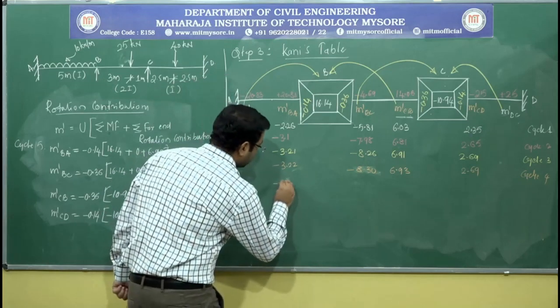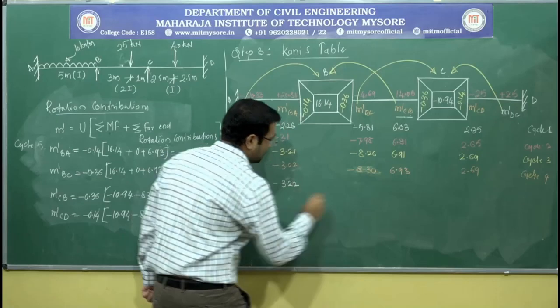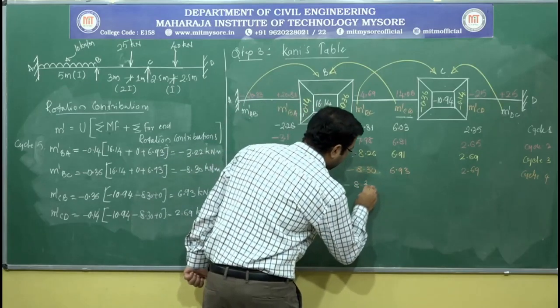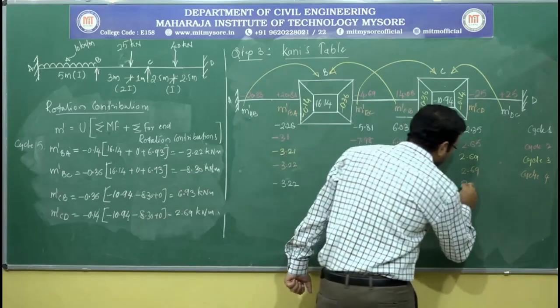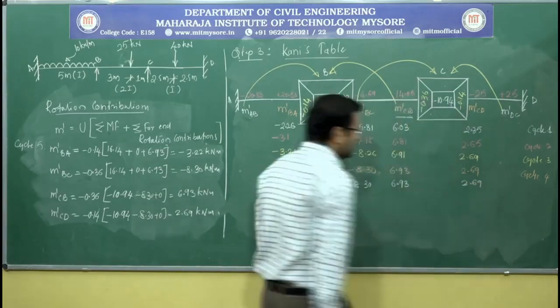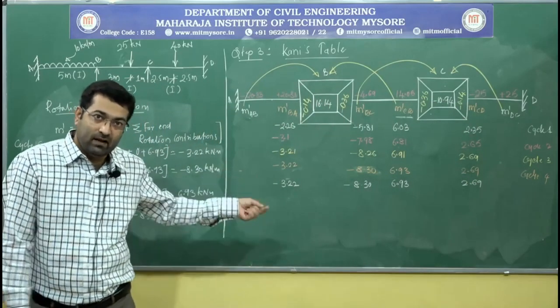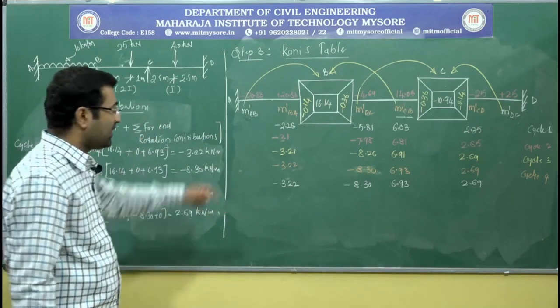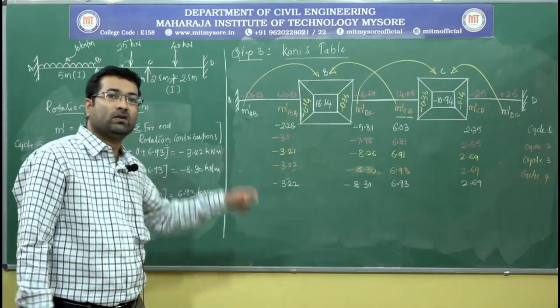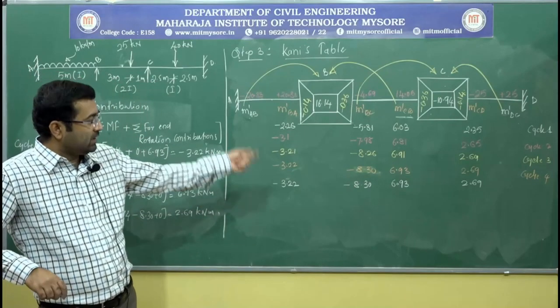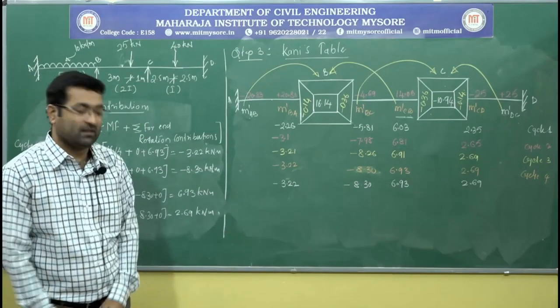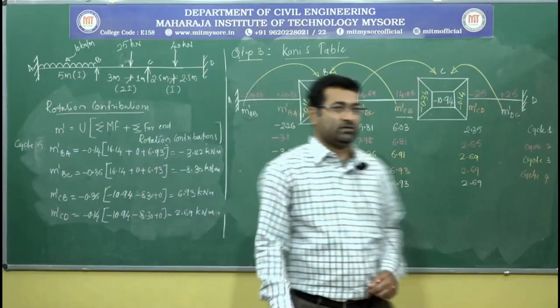So in the next cycle they will be exactly the same, that is minus 3.22, minus 8.30, 6.93, 2.69. Whenever the values repeat, we can close the iterations, because even if you go for further cycles you will get the same values.